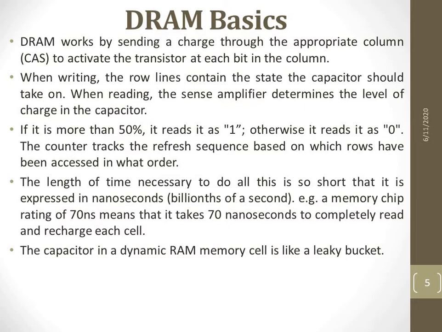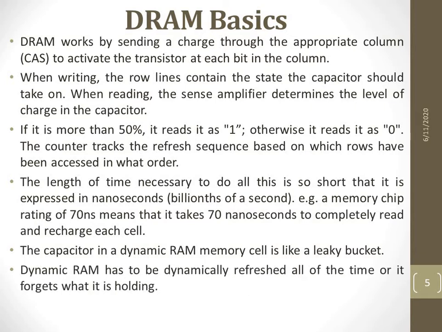As time passes, the water will get drained away from that leaky bucket. So dynamic RAM has to be dynamically refreshed all of the time, or it forgets what it is holding. This refreshing takes time and slows down the memory.